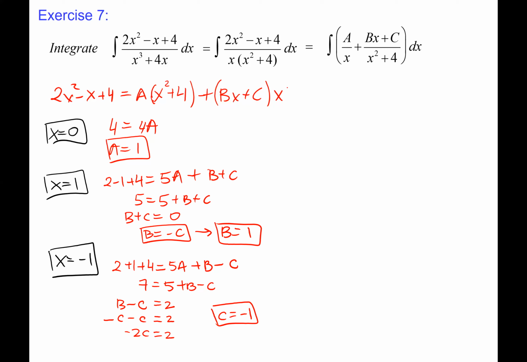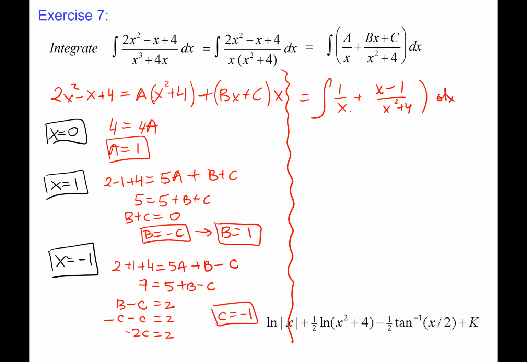Now let's see the integration, because it's just one extra thing. You still know how to integrate, but just in case: 1 over x, plus x minus 1 over x squared plus 4. Okay, the first is just ln of x, no problem.